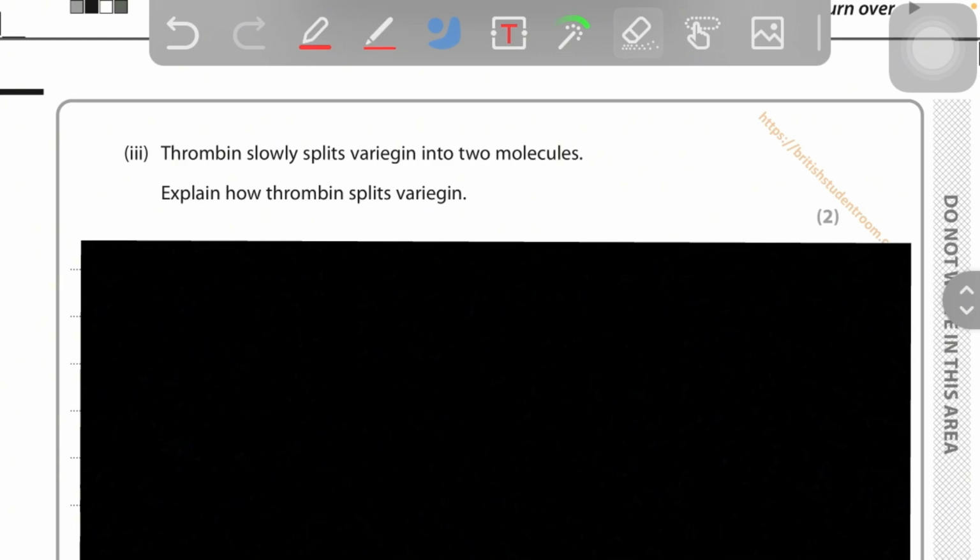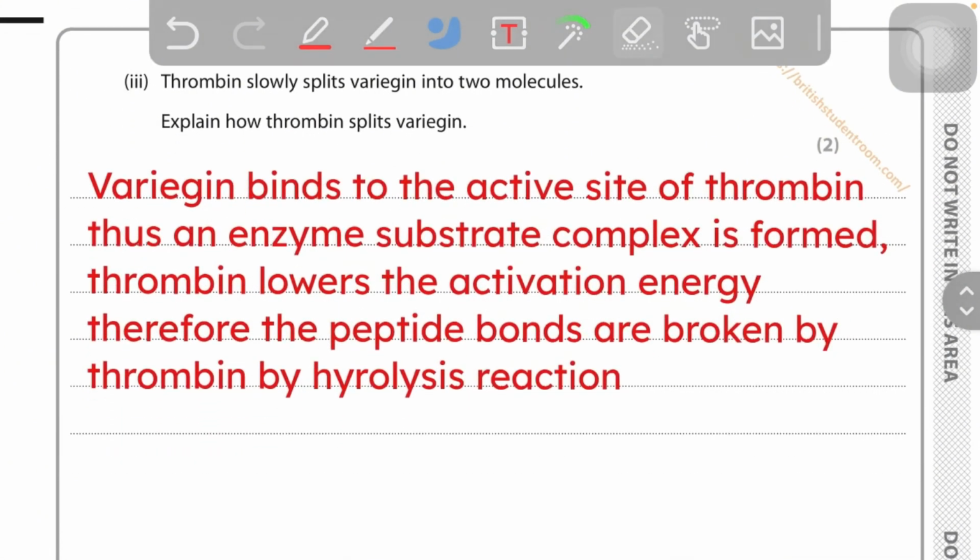Thrombin lowers the activation energy, and therefore peptide bonds are broken by thrombin by a hydrolysis reaction, and by that variegin gets split.